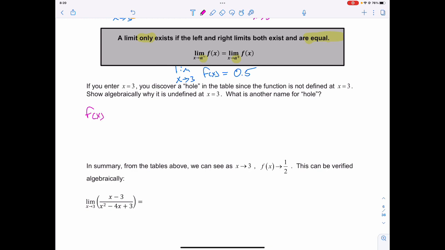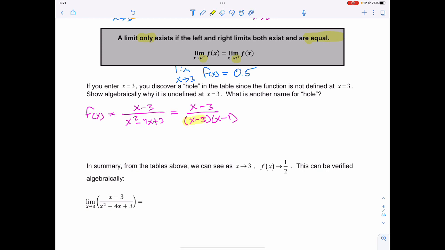My function f of x is equal to x minus 3 over x squared minus 4x plus 3. I'm going to factor the denominator. When I factor two factors of 3 that add up to -4, they are x minus 3 and x minus 1.